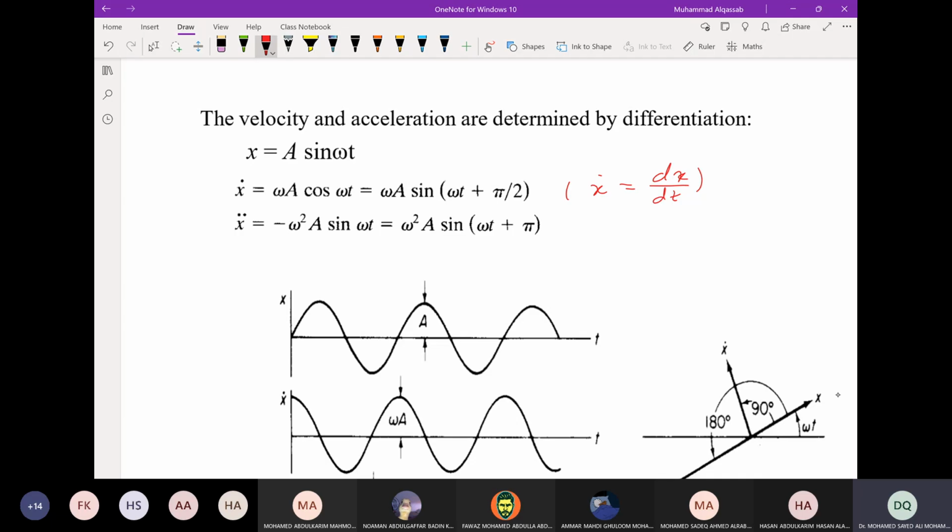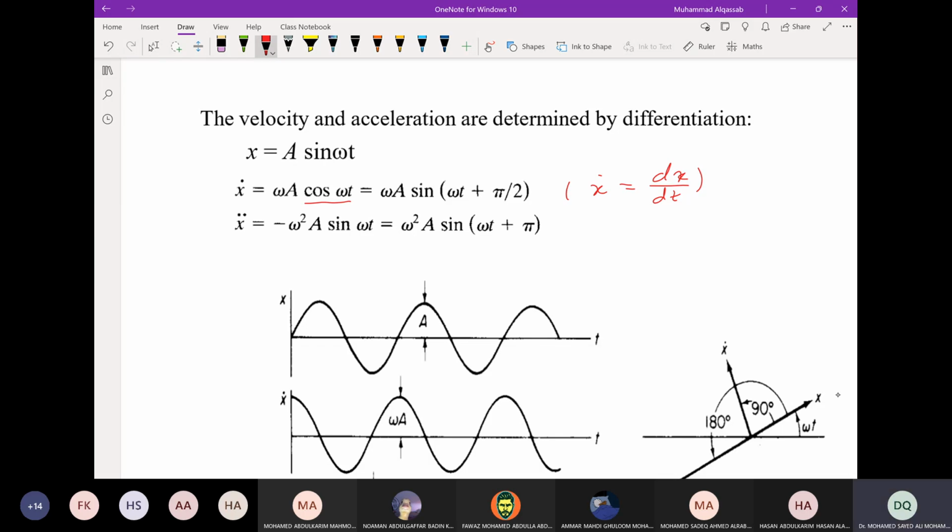And x equals A sine omega t, then by taking the derivative with respect to time, we get omega A cosine omega t. Cosine is leading sine by 90 degrees, so you can write cosine as sine omega t plus pi over 2.